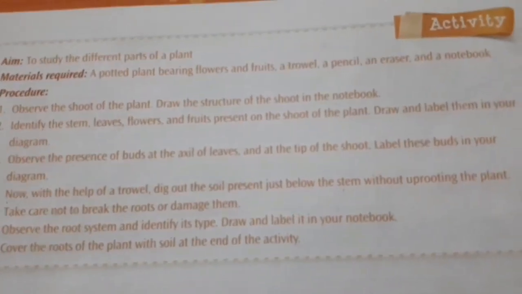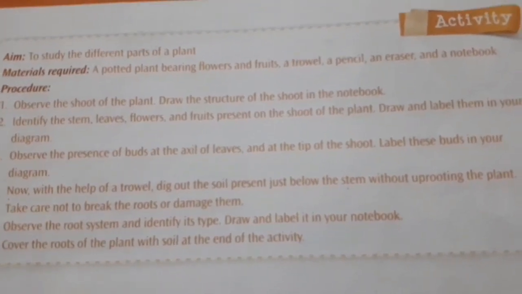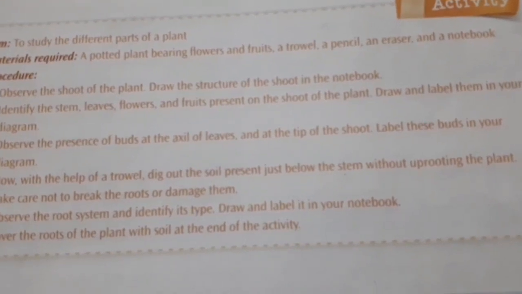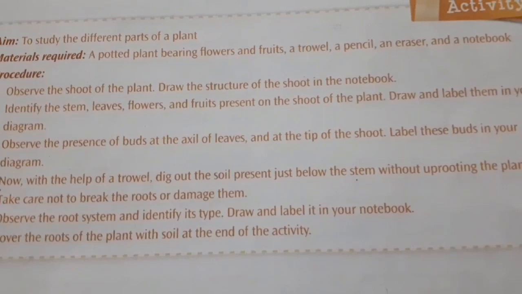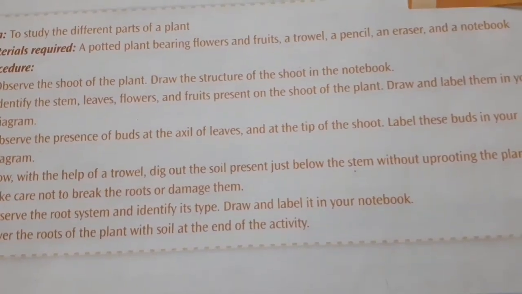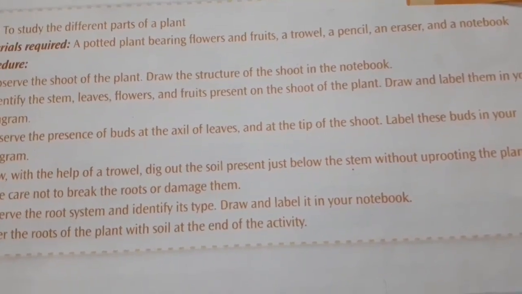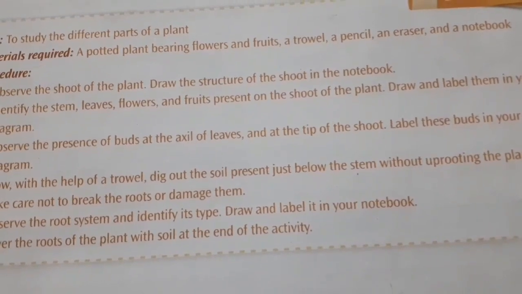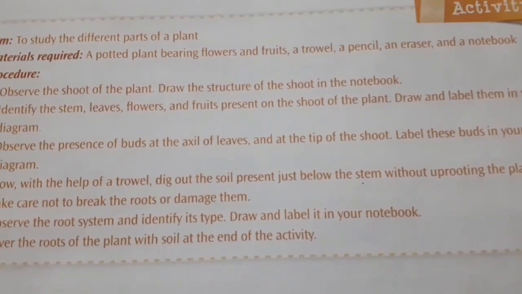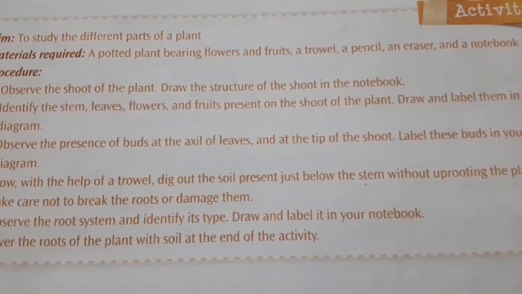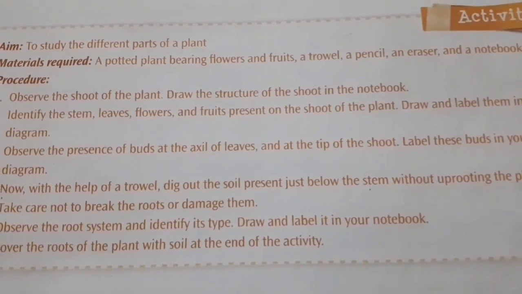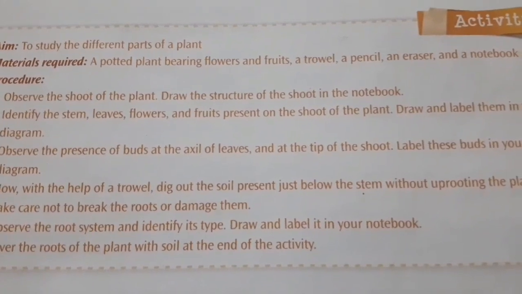Now, I will give some homework for you. First one, an activity. The aim of this activity is to study the different parts of a plant. For doing this activity, the materials required are a potted plant bearing flowers and fruits, a towel, a pencil, an eraser and a notebook.